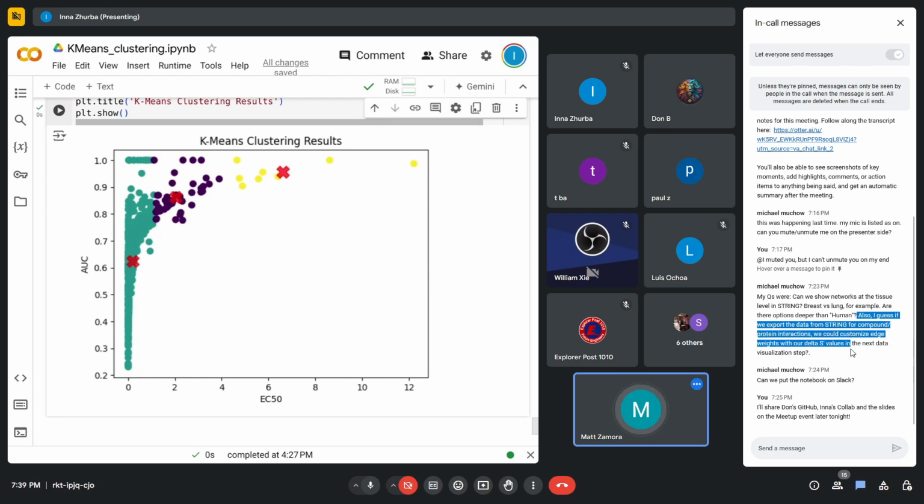I think those are at least two questions, one on tissues and options deeper than human, and another on whether we can export it and then play with the network, including some of our own weights and values.